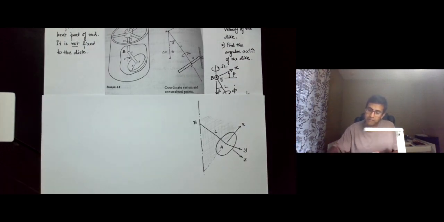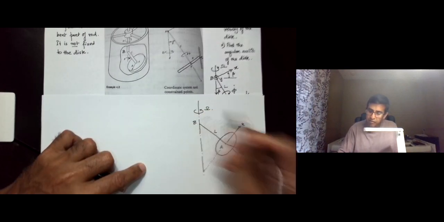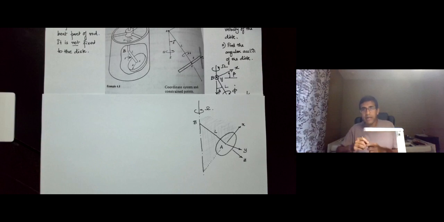Now this is the angular velocity with which the bar AB is turning.